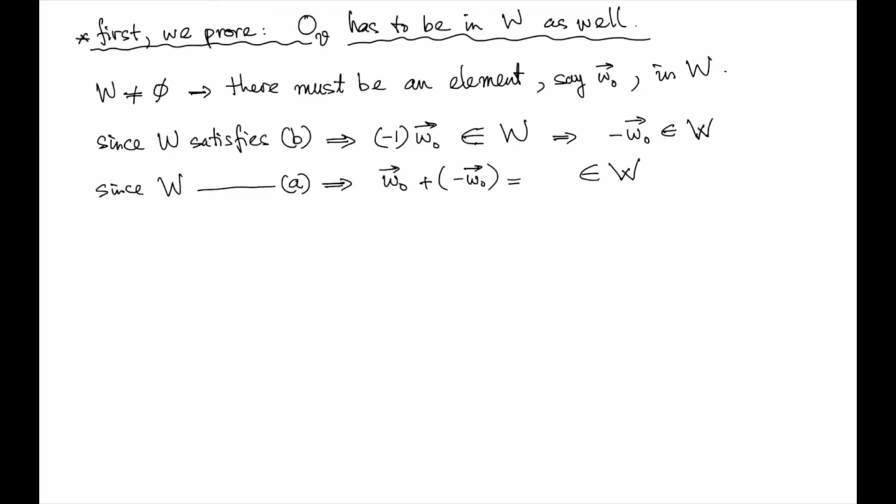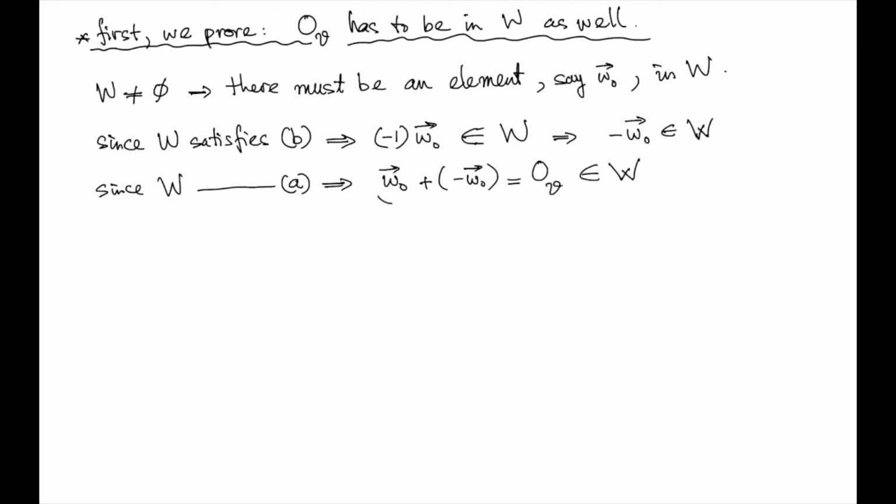This guy, when you add two opposite vectors, the negative, is going to be the zero vector. But wait a minute, is this the zero vector of V or the zero vector of W? This is the zero vector of V, right?